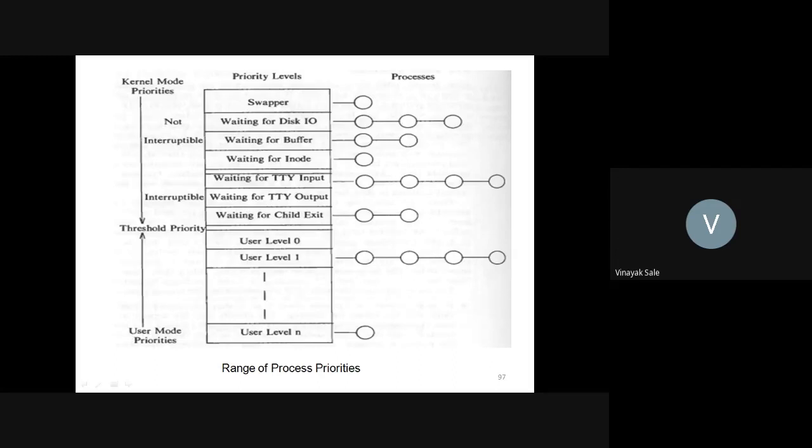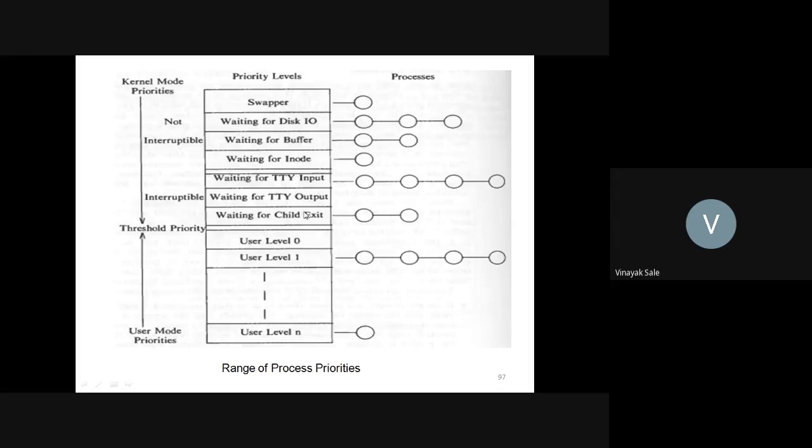So these are the priority levels for kernel mode priorities: swapper, waiting for IO device, waiting for buffer, waiting for inode, waiting for TTY input, that is text terminal input, waiting for TTY output, and waiting for a child exit.